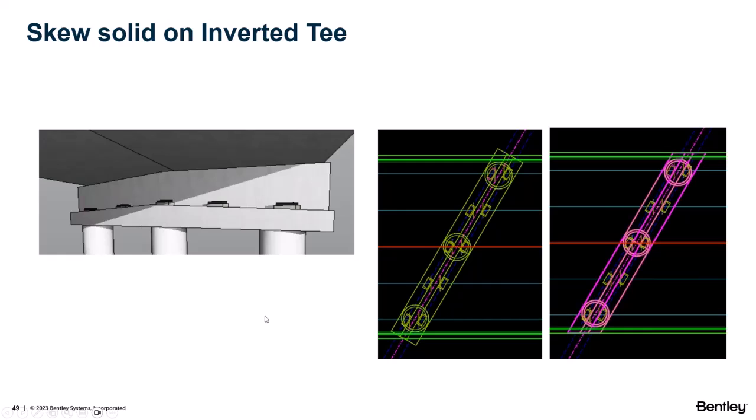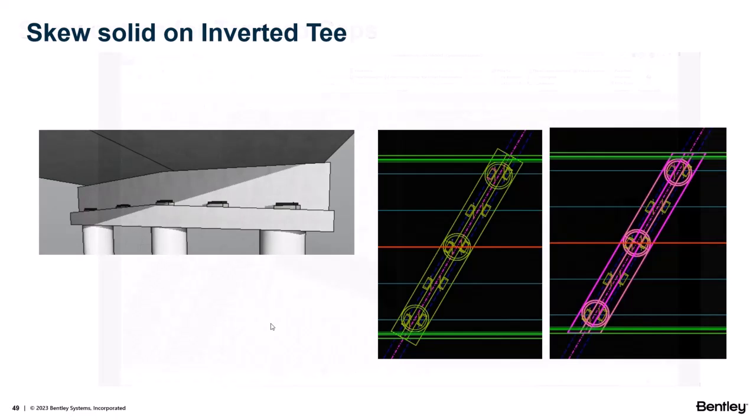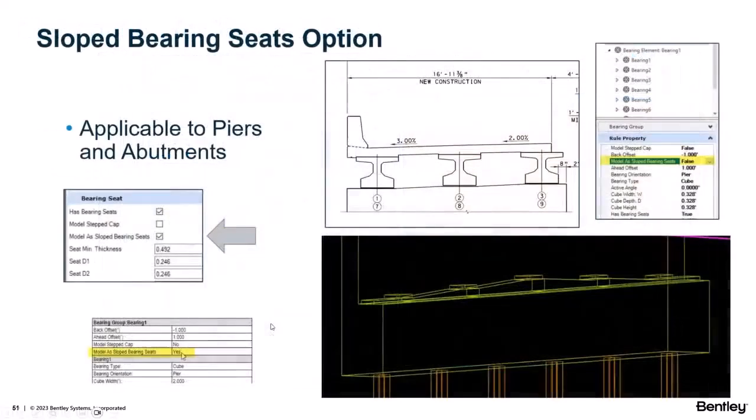Right? So now also a request for that was the slope between bearing seats. So before it was the step cap option, so basically, yeah, steps. But now we can specify not a step, but actually a sloped concrete from bearing seat to bearing seat.